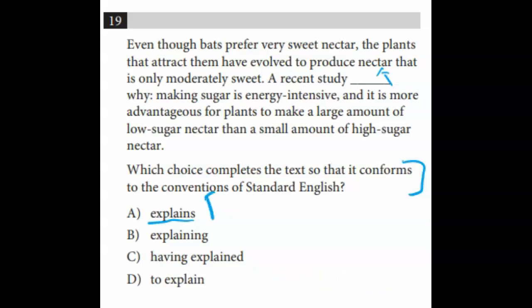Once again, this is the finite. These all are non-finite. And the big hint for this question is that if you can tell these are all non-finite, then it's probably going to be the only one that separates itself. So it's going to be the finite.